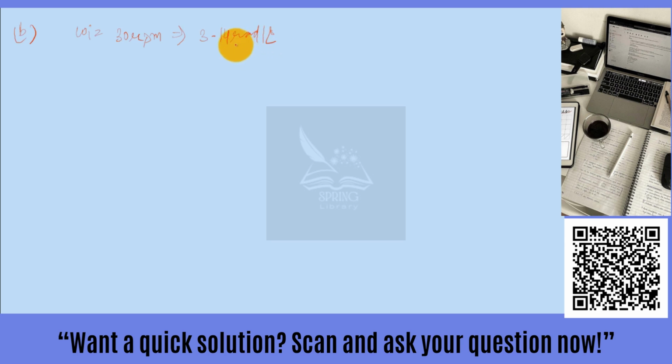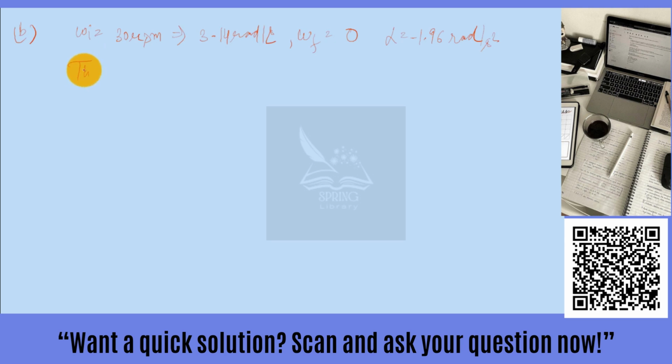The final angular speed is equal to 0, and the acceleration alpha is equal to minus 1.96 radian per second square. Here the negative sign indicates that the acceleration is in opposite direction to the velocity. We have to calculate the time taken by the train.